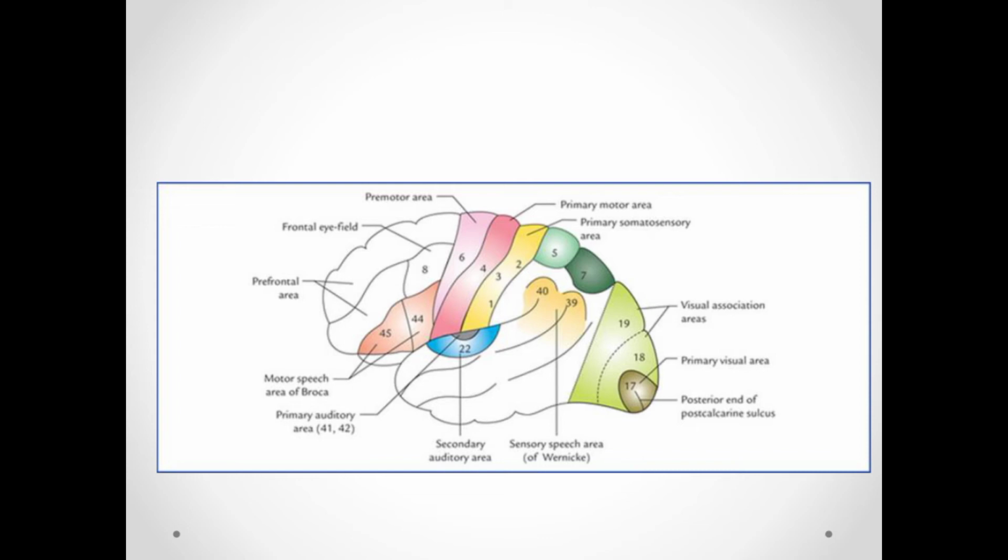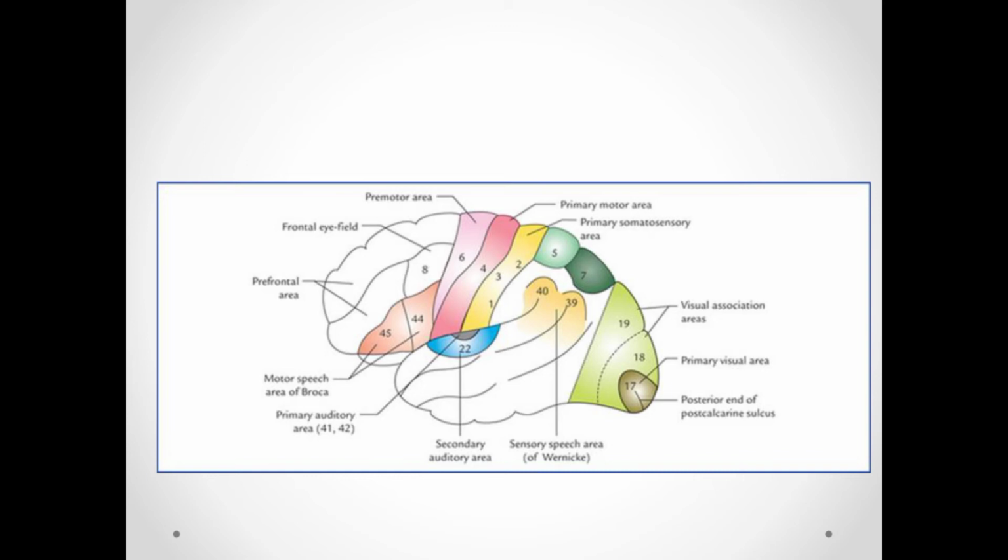This area is named as 3, 1, 2. Can you see here, this is 3, 1, 2. In front of the central sulcus is the motor area, area number 4. And in front of it is the premotor area, area number 6. Then the pars orbitalis, pars triangularis and pars opercularis is the motor speech area, or we call it Broca's area, numbered as 44 and 45.